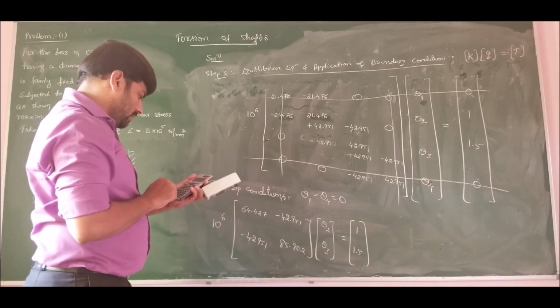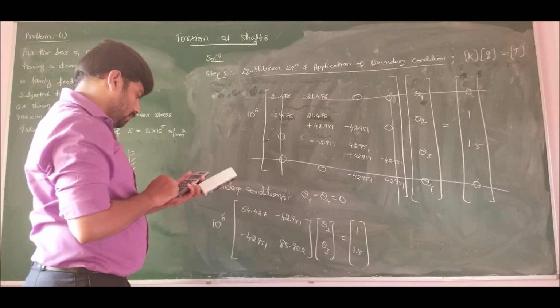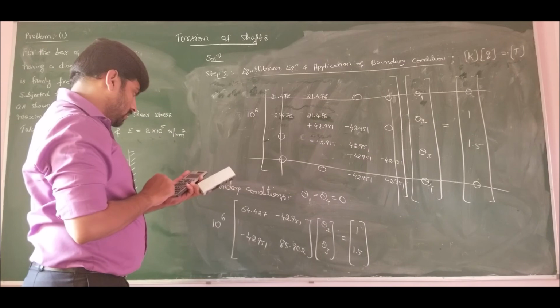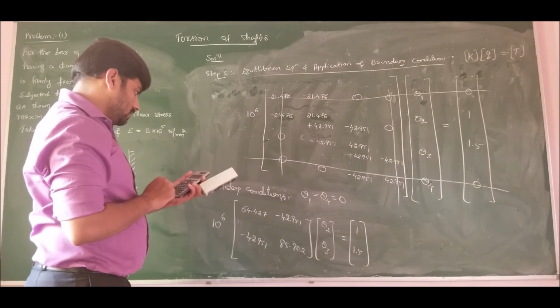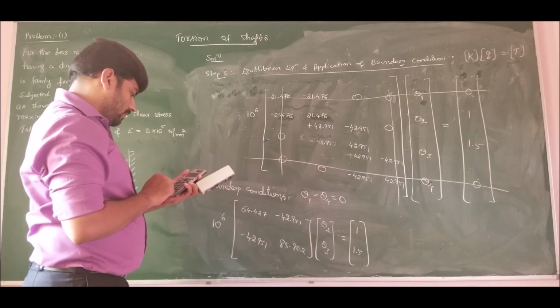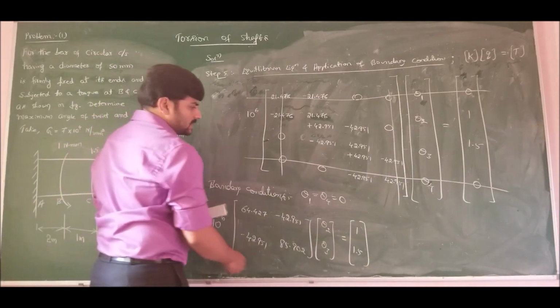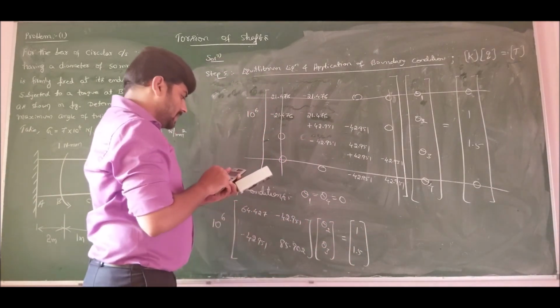I have 64.427, minus 42.951, minus 42.951, 85.902, equal to 1, 1.5 into 10 to the power of minus 6. I am taking this 10 power 6 to this side, so it becomes 10 power minus 6, thereby the simplification becomes easier.